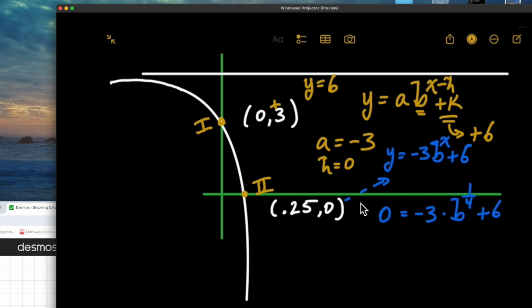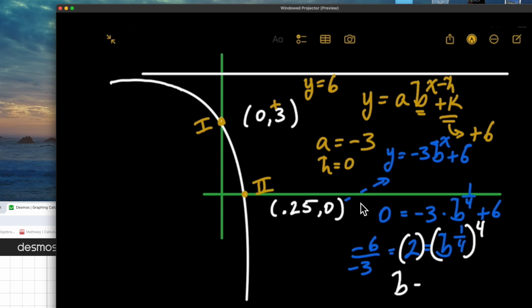Okay, we're going to move this to the opposite side of the equation. We're going to get negative 6. We're going to divide by negative 3, so we're going to get 2 equals b to the 1/4 power. In order to solve for b, we're going to raise both sides of the equation to the 4th power, and we're going to get b equals 2 to the 4th, otherwise known as 16.